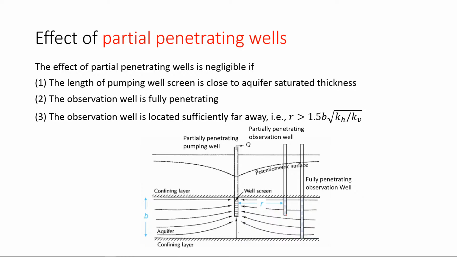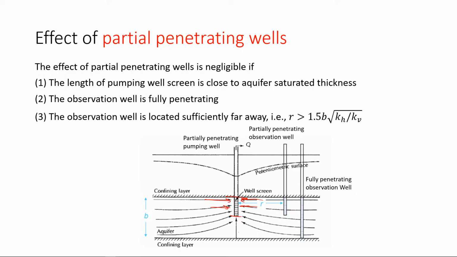So if you have a partially penetrating observation or pumping well, that should be an issue. This effect could be negligible, provided that the length of the well screen is close to the saturated thickness. Here this is your saturated thickness, and this is your well screen. As long as you are close to this saturated thickness, you predominantly have horizontal flow.